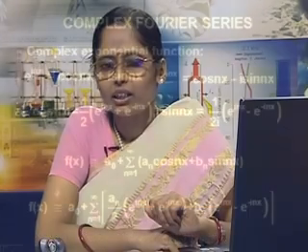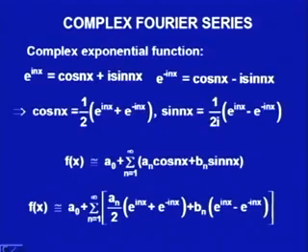What would I get? a naught plus summation n running from 1 to infinity a n, substituting e to the power i n x plus e to the power minus i n x by 2, and with b n, again by 2 is missing. So, it should be b n by 2i times e to the power i n x minus e to the power minus i n x.